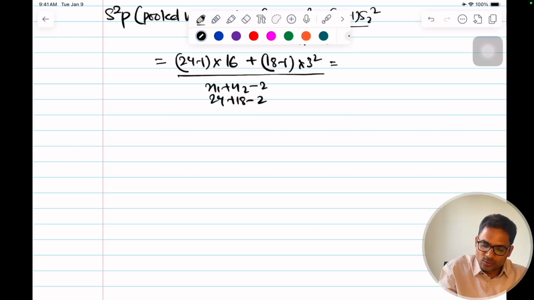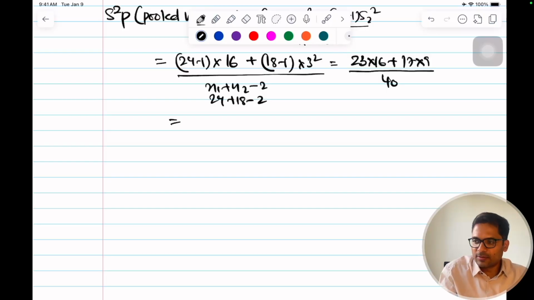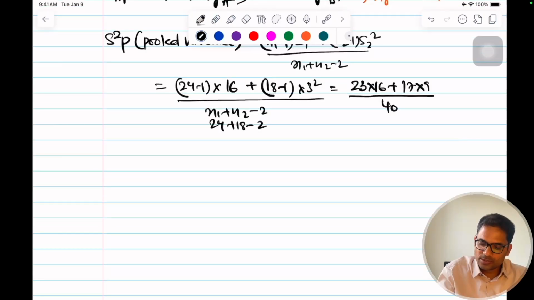So this will be equal to 23 into 16 plus 17 into 9 by 40. If you calculate it, just do simple math, this will come out to be approximately 13.